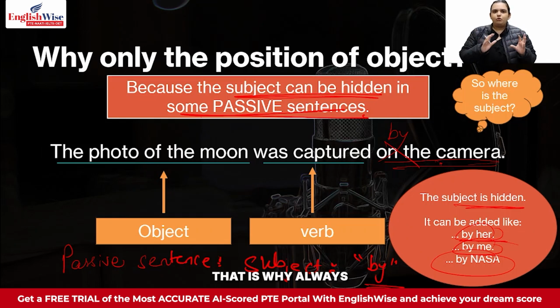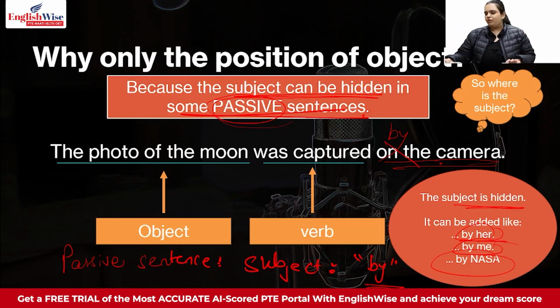That is why I always use the object, and always please remember that the subject can be hidden only in passive sentences, guys. Please don't look for a hidden subject in active sentences, because in active sentences, the sentence itself starts with the subject. You can't have an active sentence with a hidden subject. It can only be hidden in some passive sentences.